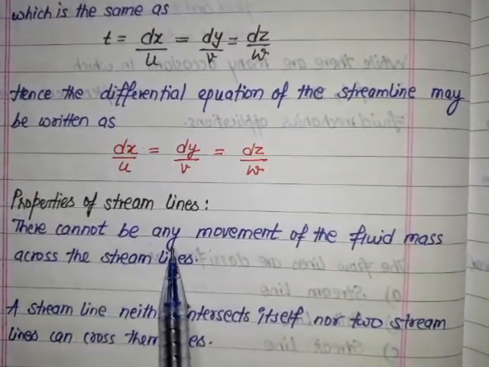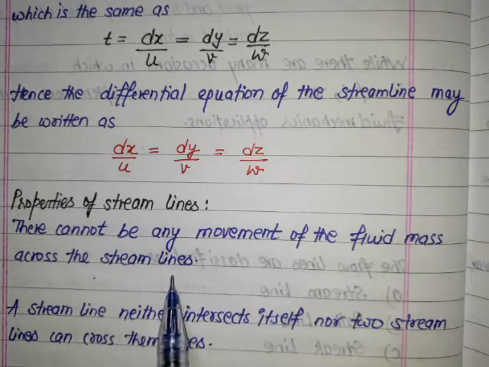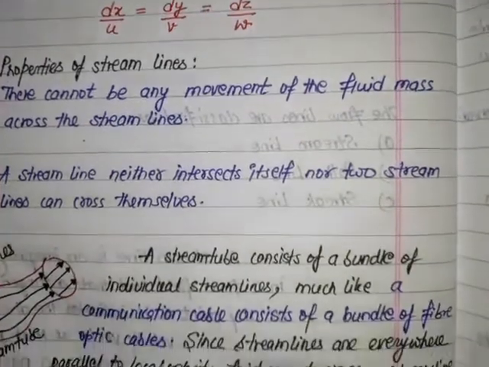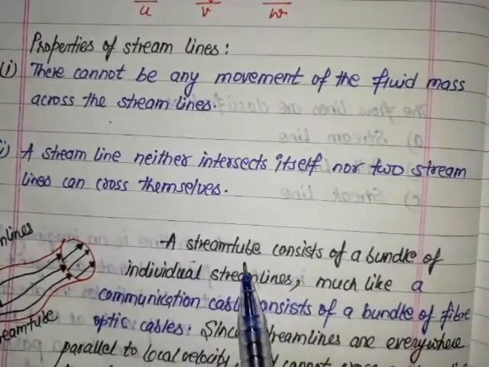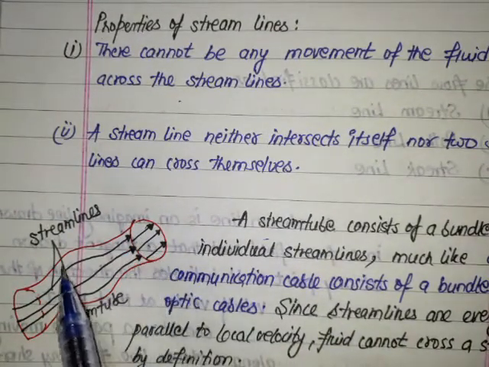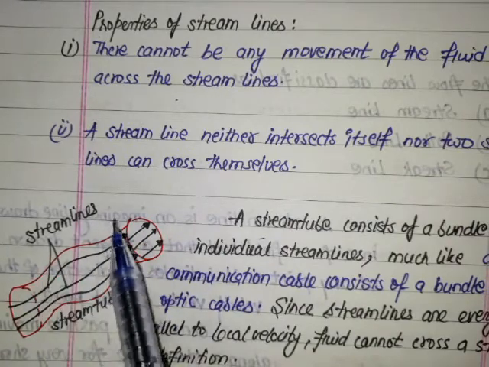Now the properties of a streamline. There cannot be any movement of the fluid mass across the streamline, and a streamline neither intersects itself nor can two streamlines cross each other. Another term related to streamlines is the stream tube. This is the whole section, the stream tube, and these black lines are the streamlines.